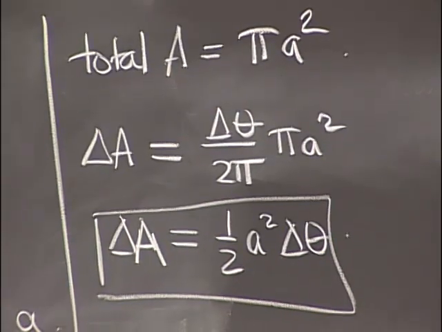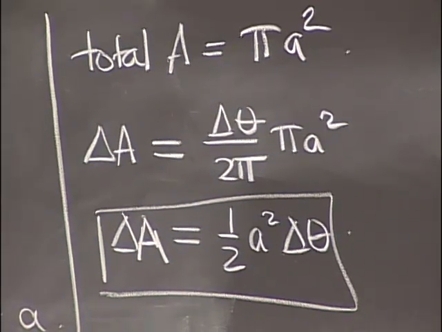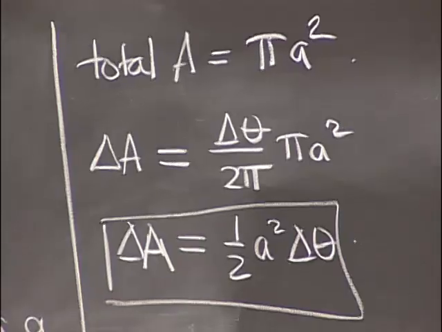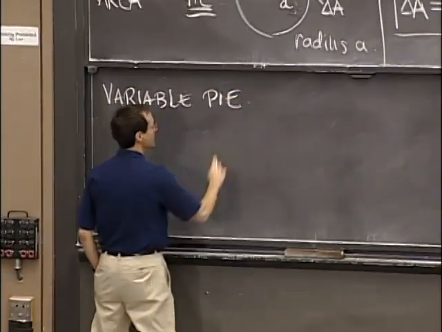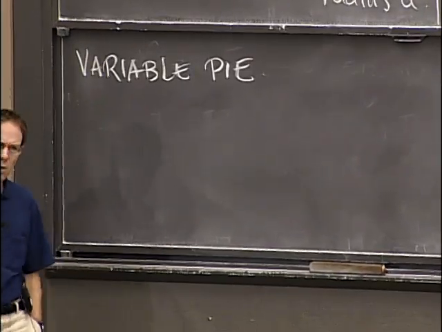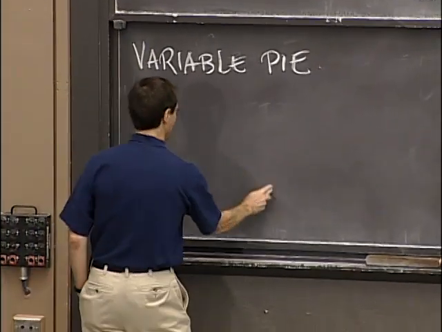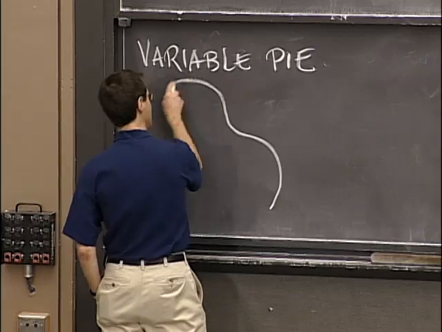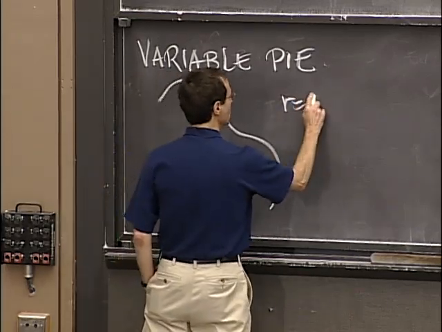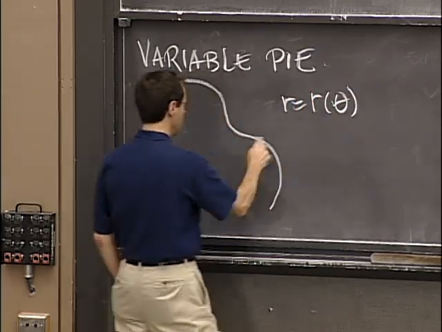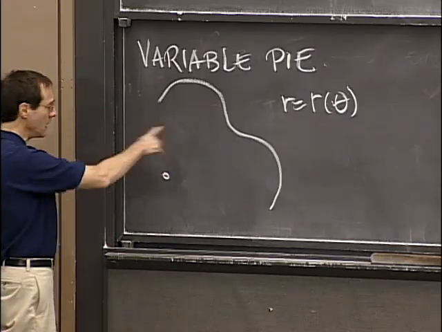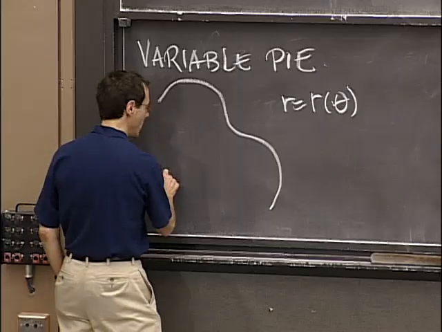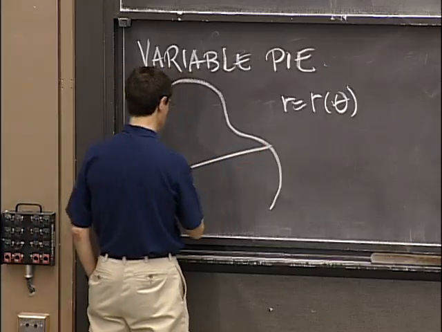And now what we need to do is to talk about a variable pie here. That would be a pie with a kind of a wavy crust, which is coming around like this. So r is equal to r of theta. The distance from the center is varying with the place where we are, the angle where we're shooting out.